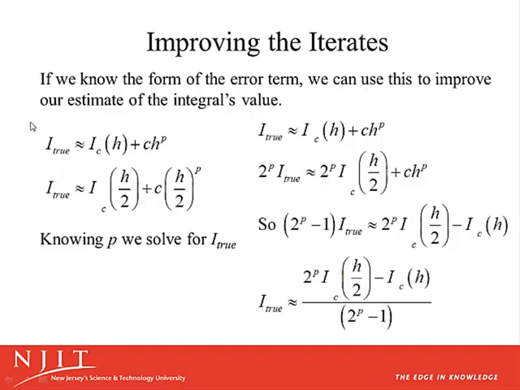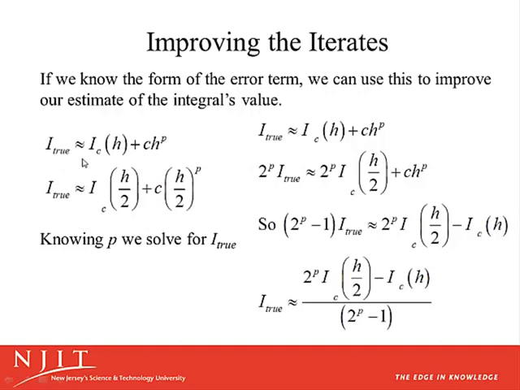Well, the true value of the integral is our computed value plus some number times h to the p, where p, again, is the order of our scheme. The error is h squared for trapezoidal rule, h to the fourth for Simpson's rule.